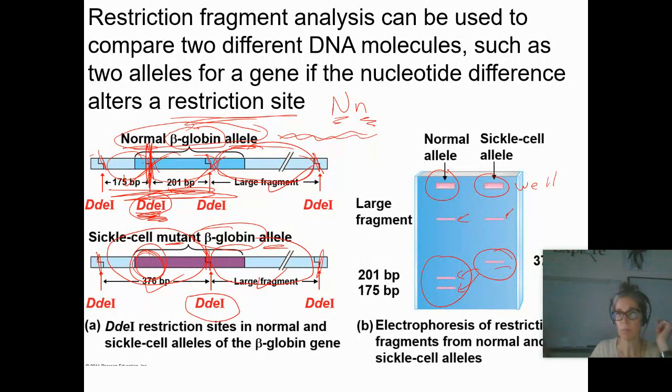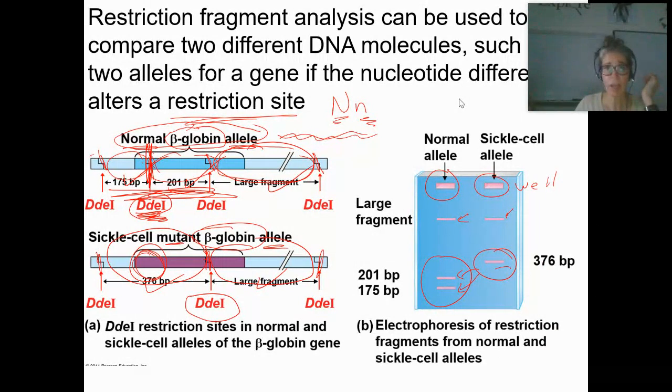If you had someone who had DNA and they were heterozygous, if you remember what that means. Let's say you have someone who's heterozygous, and you put their DNA into a well right here. Let's pretend that the gel was much bigger, right? And you put in both the big N and the little n DNA into this well, you would get this big fragment. So you'd get the DNA here.